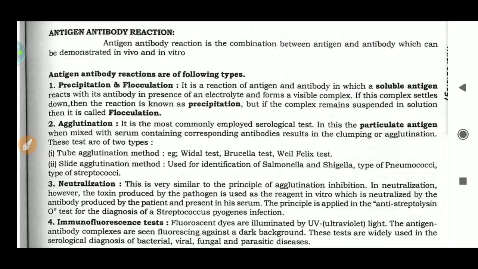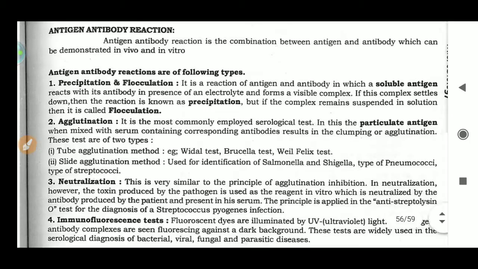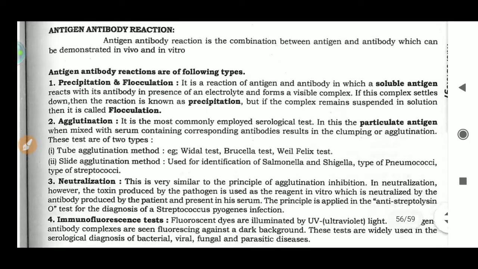It is a reaction of antigen and antibody in which a soluble antigen reacts with its antibody in the presence of an electrolyte and forms a visible complex. If this complex settles down, the reaction is known as precipitation. But if the complex remains suspended in solution, then it is called flocculation.